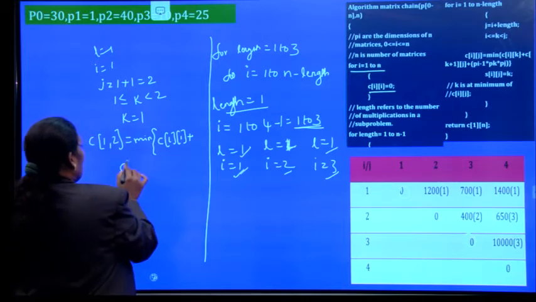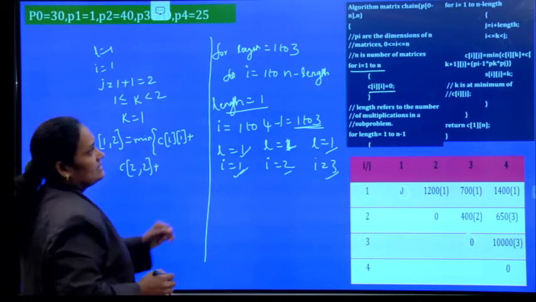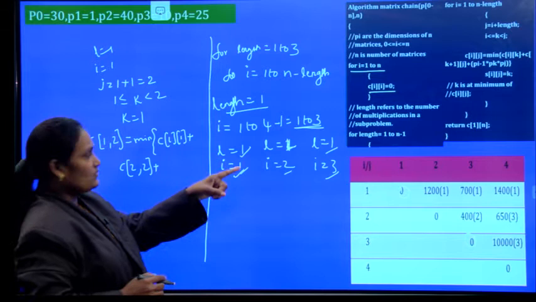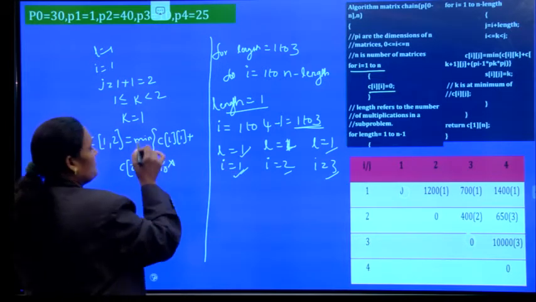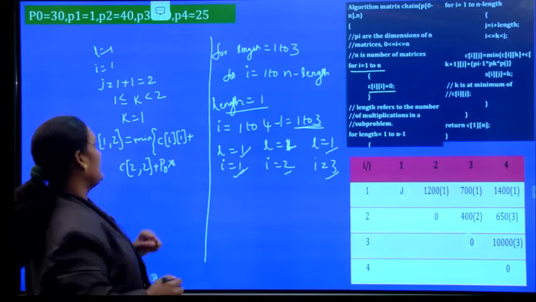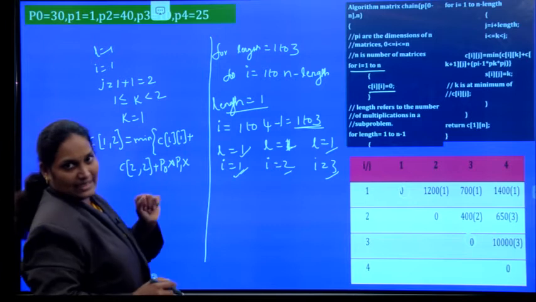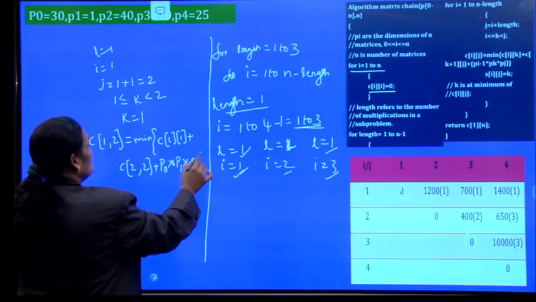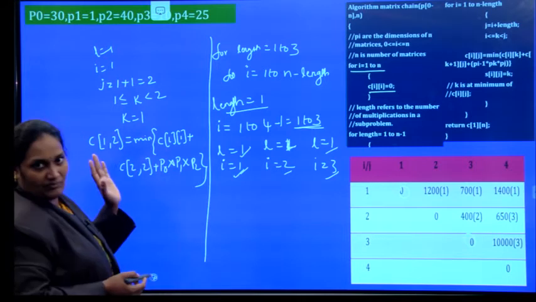Here k plus 1 means 2, j means 2, so C22, plus P i minus 1. What is i? 1. P i minus 1 means P0. P k, what is k? 1. P1. Next P j, what is j? P2. Since k takes only one value, this itself becomes the minimum value.